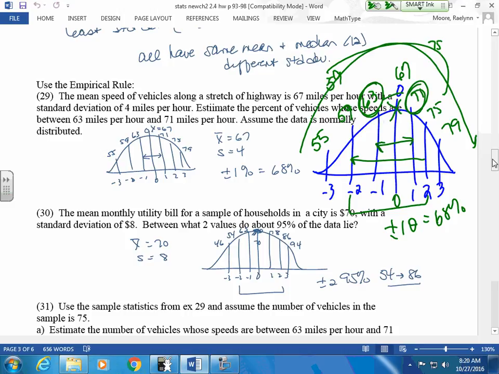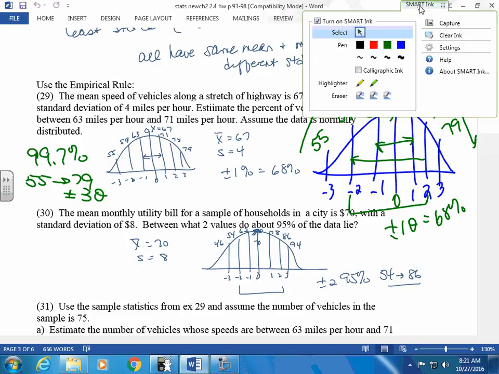Everybody okay with this? Between what 2 speeds do I have 99.7% of my data? 55 to 79, plus or minus 3 standard deviations. Good. Your empirical rule just generalizes it.